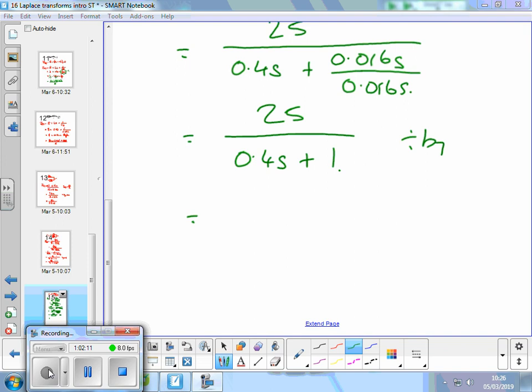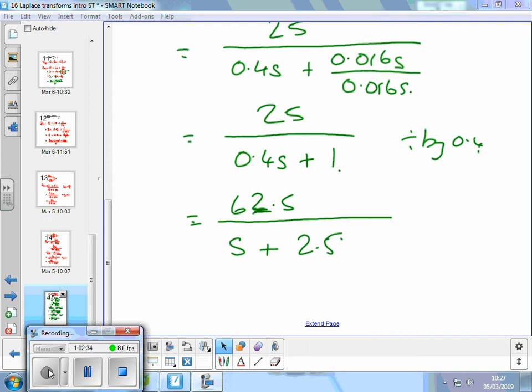Just put that on there to get 62.5 over s plus 2.5. Everyone agree with that who got that far?